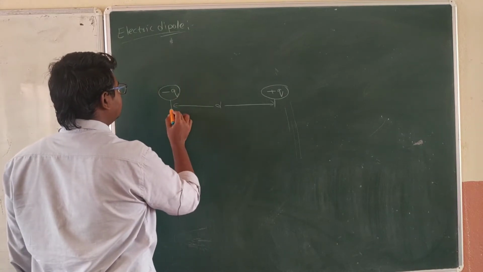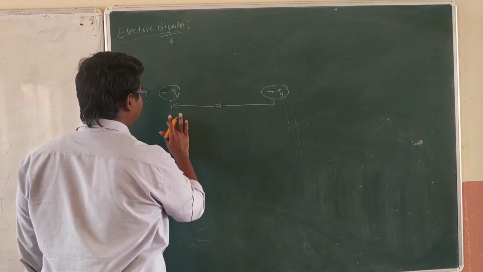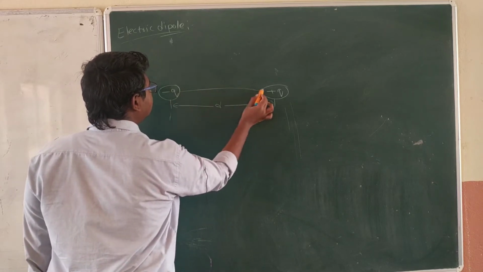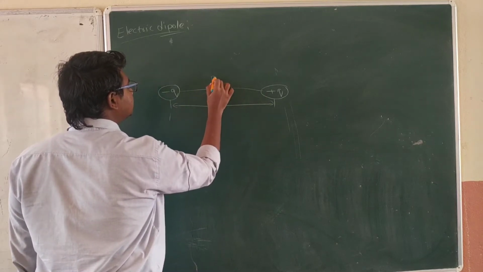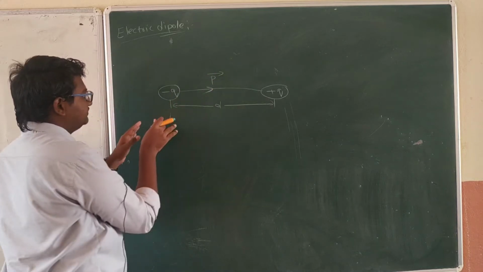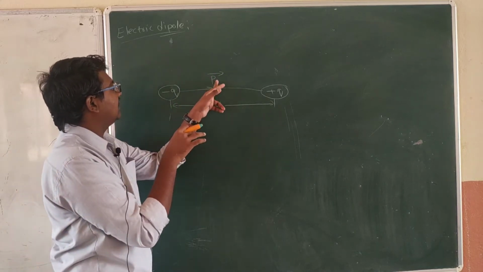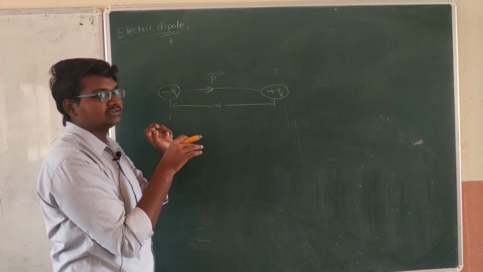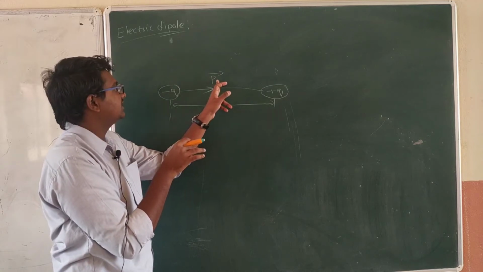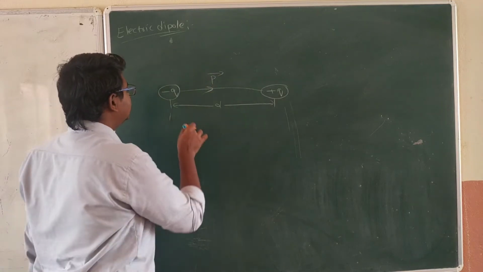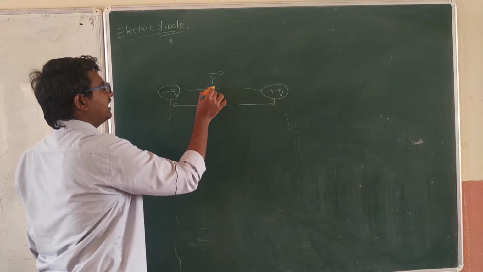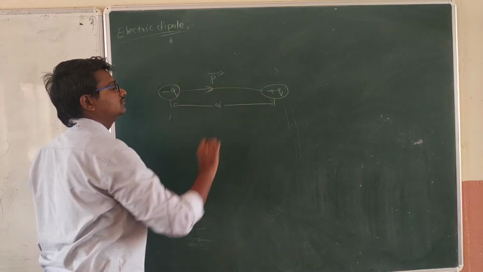Now from here to here, if you see, this is nothing but called p bar, which is the electric dipole moment. We call this term the electric dipole moment. This dipole moment will have the direction from negative to positive.